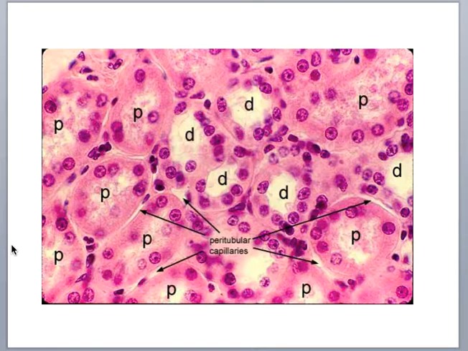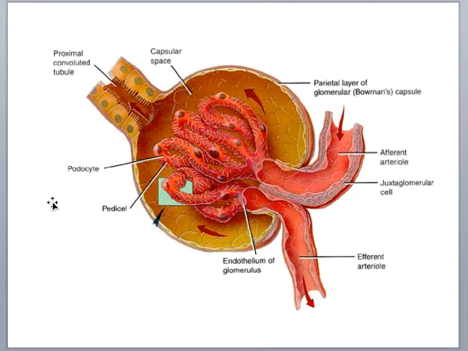So they dump as much stuff as they can out into that filtrate and then pick and choose what they want to keep later, and that happens in the renal tubule. And in the proximal convoluted tubule, if you remember this picture, simple cuboidal epithelium, almost all of the tubules in the kidney are pretty much simple cuboidal. It's lots and lots of simple cuboidal epithelium.